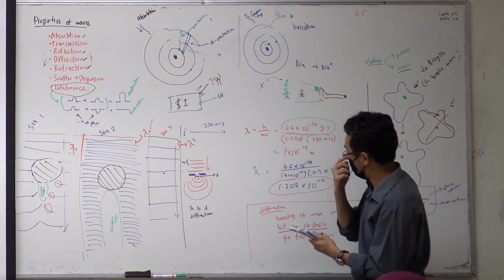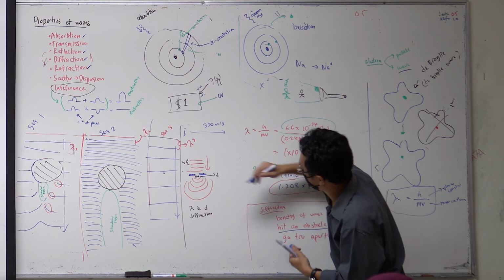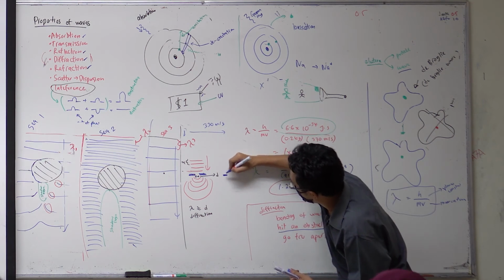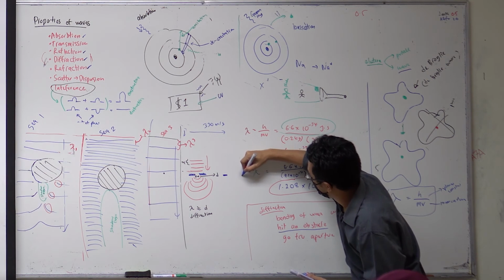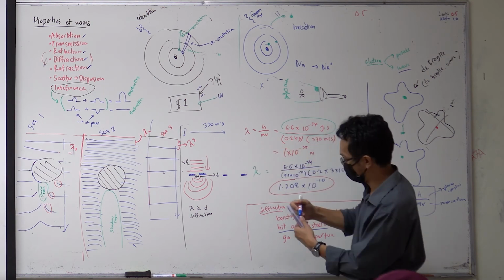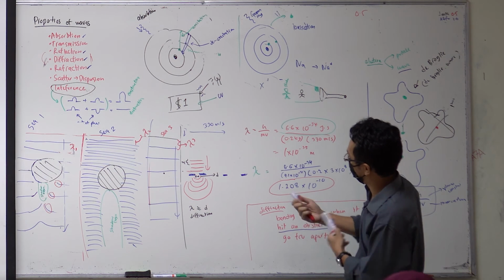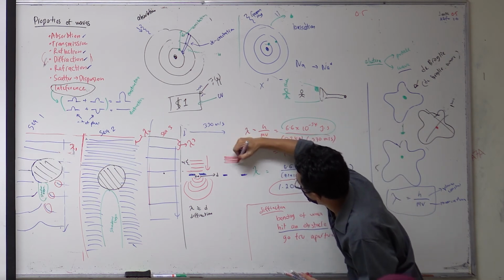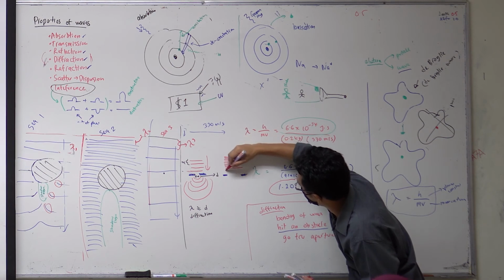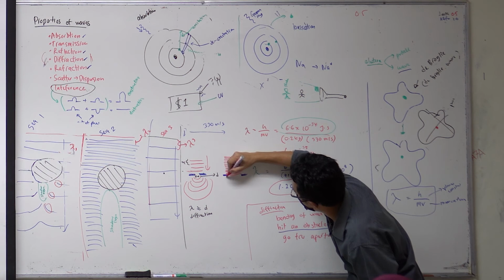But if, let's say, in the second case, the wave now is much smaller, very small, and goes here, nothing happens. It just goes like that.